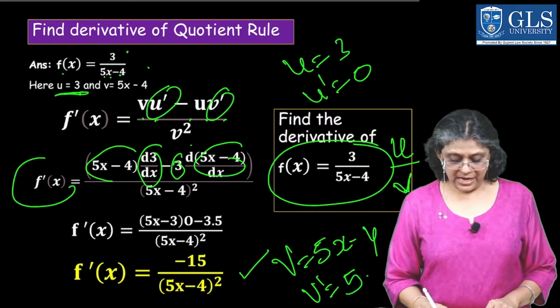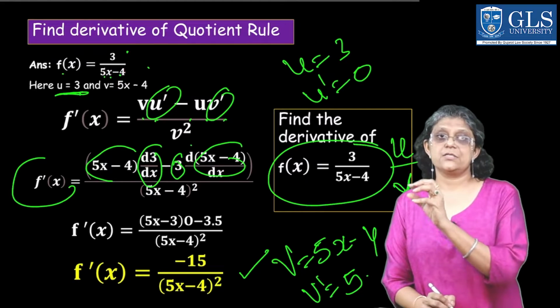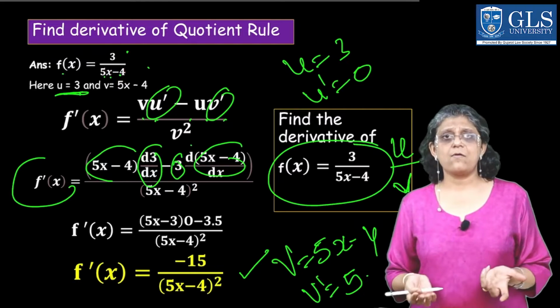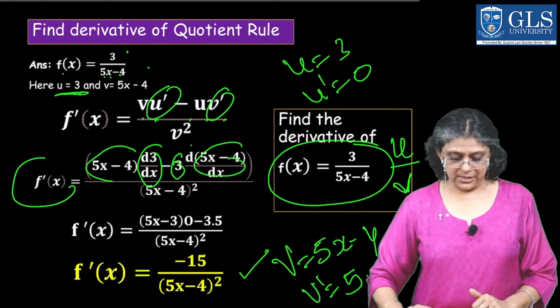Finally, in the denominator you have (5x minus 4) squared. No need to open these things. If there is a requirement we open them, otherwise keep it as a square. So this is the final answer.